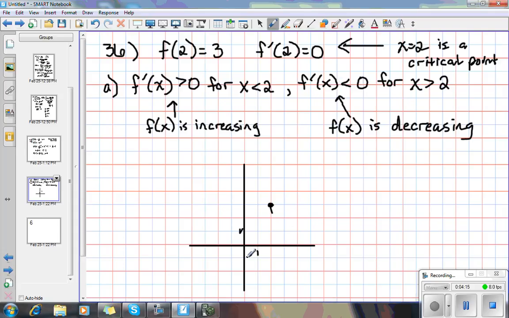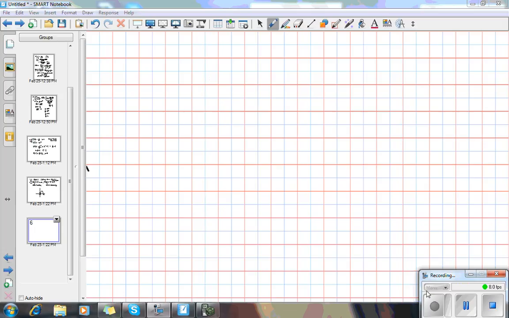So I could have something like this. And it could be continuing to go down there, having some problems there with the pen. That's a possible graph, and that's what the directions say, to sketch a graph that has those properties. There would be other graphs that could have those properties, but that is a possible graph.